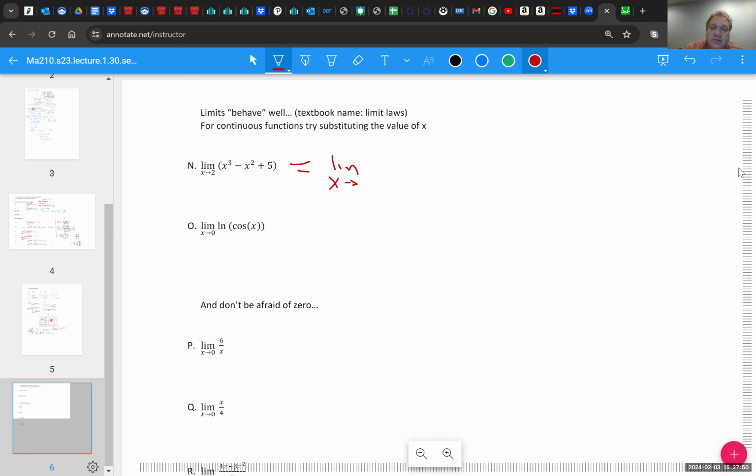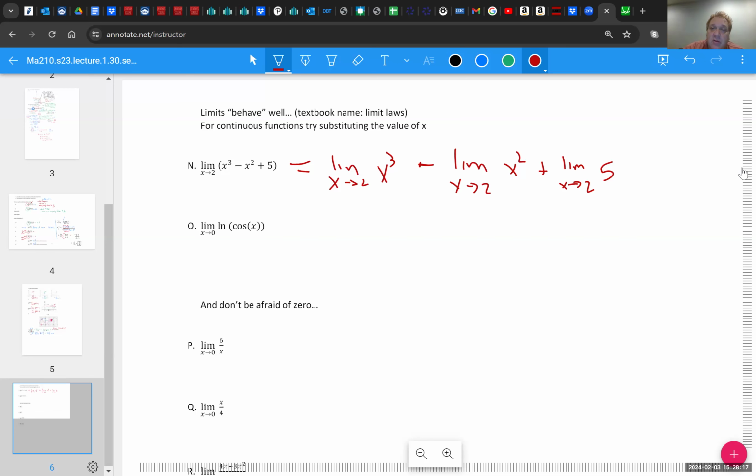I can do the x cubed part and the x squared part separately, and then just subtract off the x squared part because nothing really influences anything else, right? They're not connected. They're just added or subtracted or multiplied or divided. So this is what we mean by well-behaved. You can do them separately as long as you can separate them with operations.